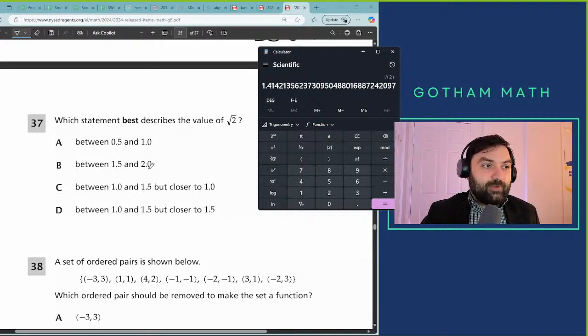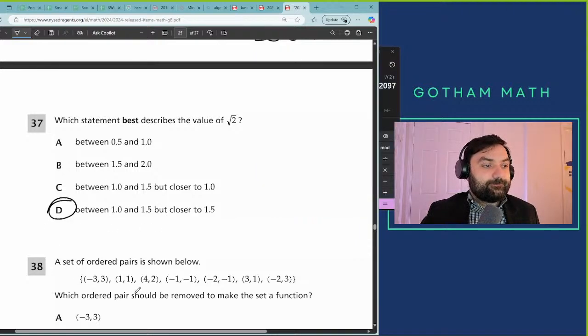Between 1.5 and 2.0, that's not true. Between 1 and 1.5, but closer to 1, that's not true. Between 1 and 1.5, but closer to 1.5. Yes, it's very close to 1.5 because it's 1.4. That's the whole thing. It's D. Just by using a calculator, we can literally get the answer.